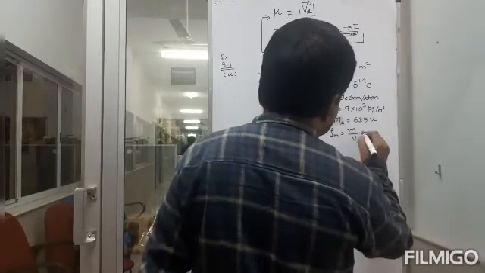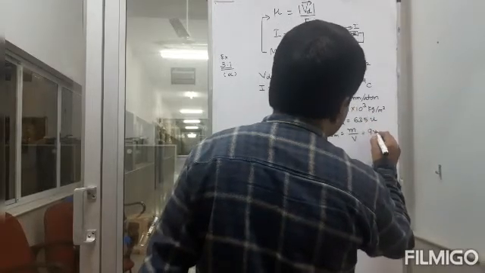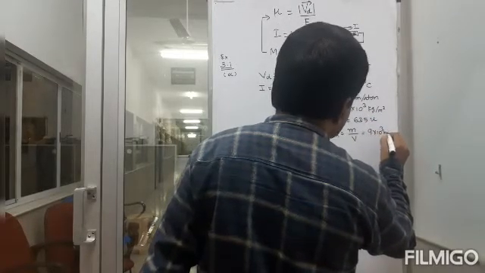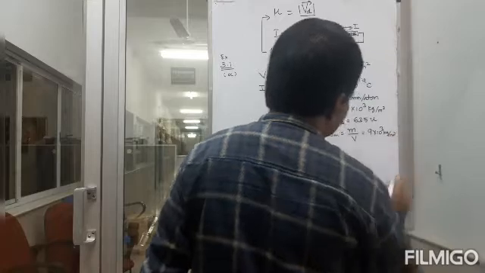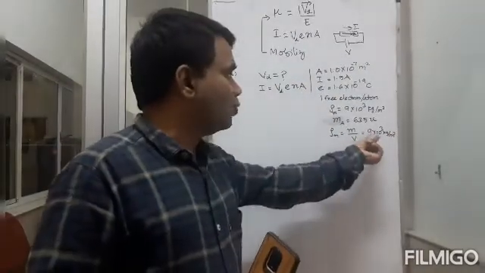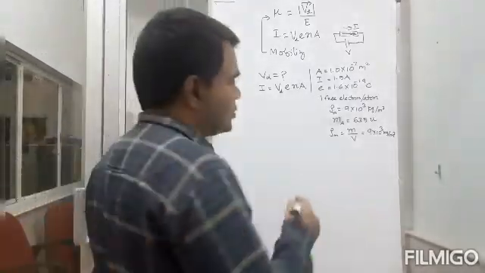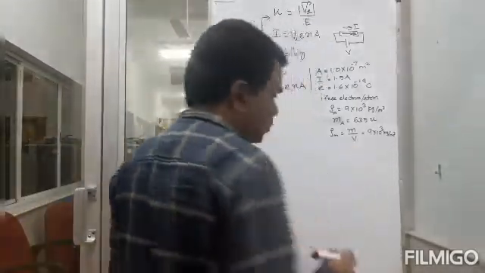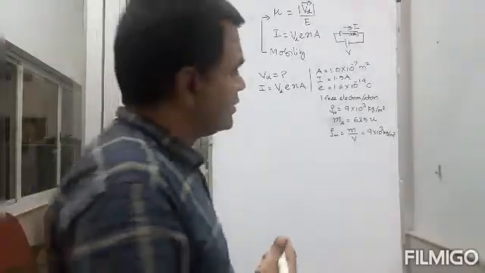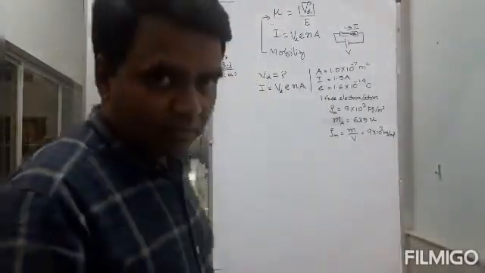Okay, so this is given as how much? 9 into 10 power 3 kilogram per meter cube. So if I take 1 meter cube of volume, then I'm going to have 9 into 10 power 3 kilogram of copper. So the mass of copper per 1 meter cube of copper is 9 into 10 power 3 kilogram. Okay.